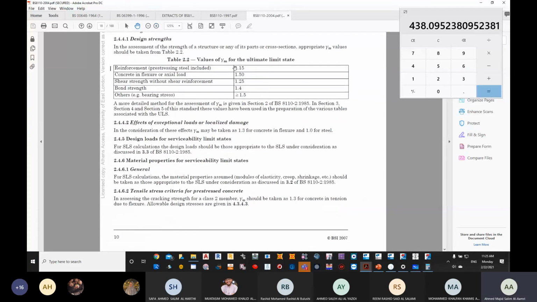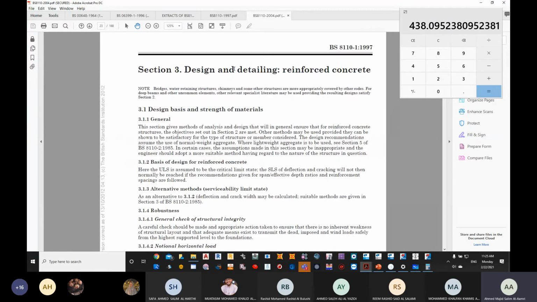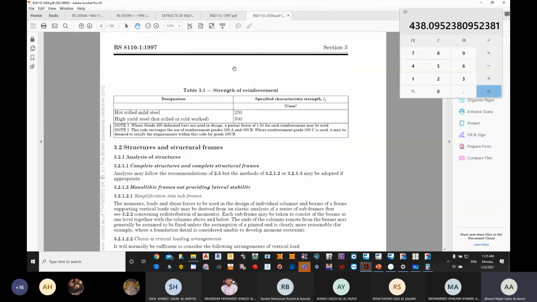And the reinforcement factor of safety, instead of being 1.05, is now 1.15. Rather than having 5% variance, they now have 15% allowable variance. And the grade, instead of being 460, is now 500.